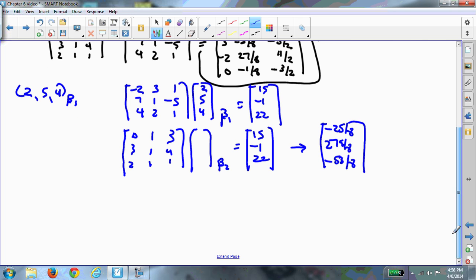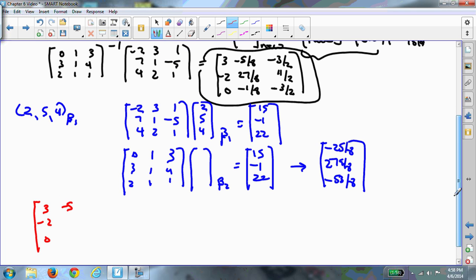Now, if I do it directly, let's see if we get it the other way. So I want to take my change of basis matrix, which was 3, negative 2, and 0, negative 5/8, 27 over 8, negative 1 over 8, negative 3 halves, 11 halves, and negative 3 over 2.